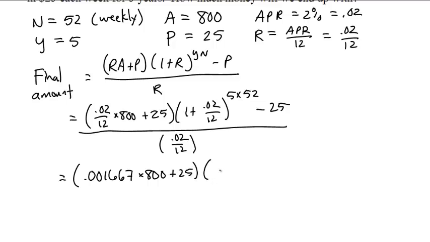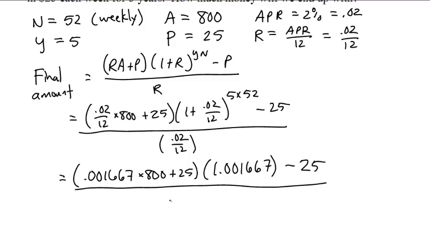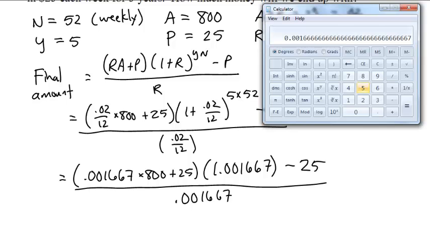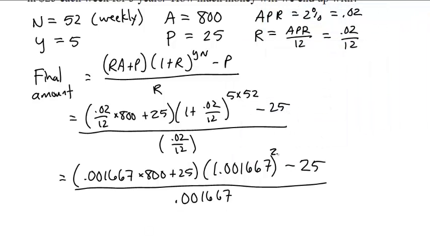We also have it over there, so it becomes 1.001667 to the 5 times 52. I'm going to figure that out in just a second. Over 25 divided by 0.001667. And what is 5 times 52? 5 times 52 is 260. So this is to the 260th power.